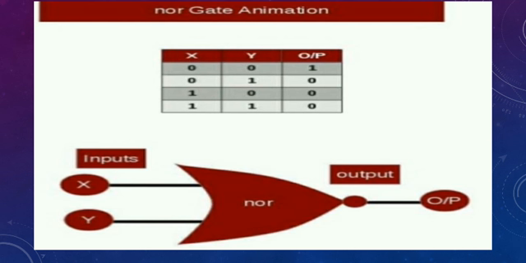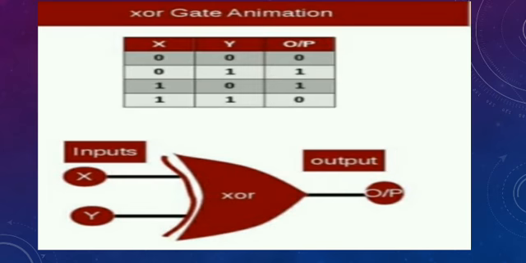If any input is high, definitely it gives the low output. That means 1 plus 1, A plus B, is 1, and we take the inverse, 0. So it is the opposite function of the OR gate. Okay students, right.